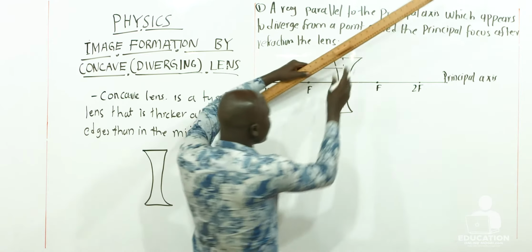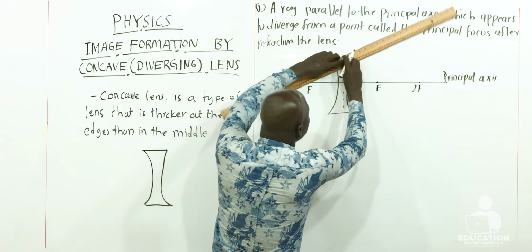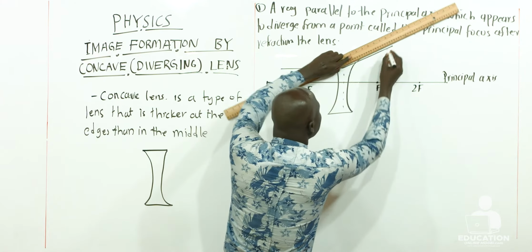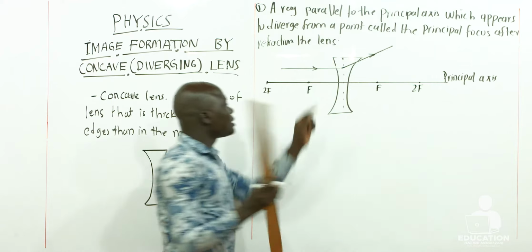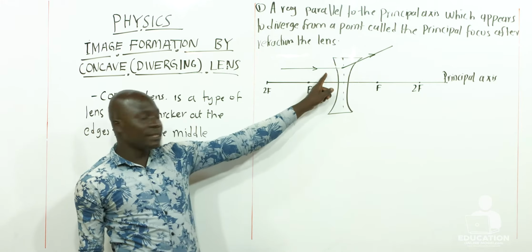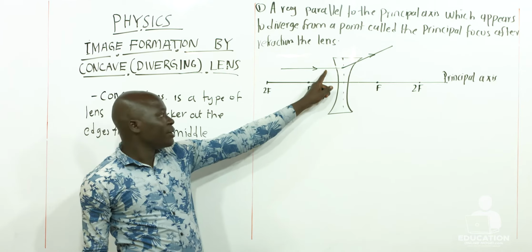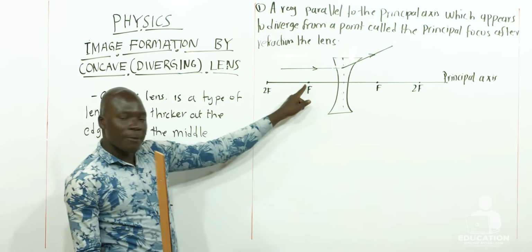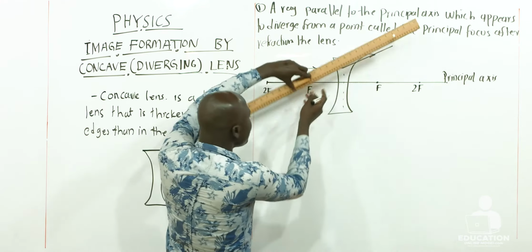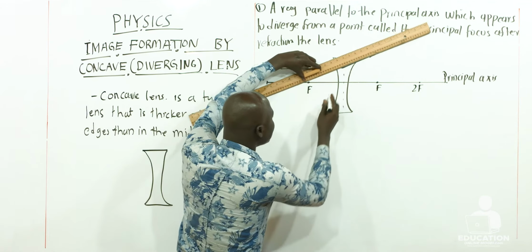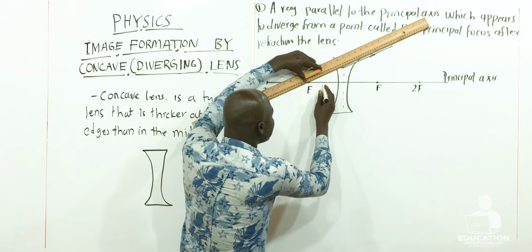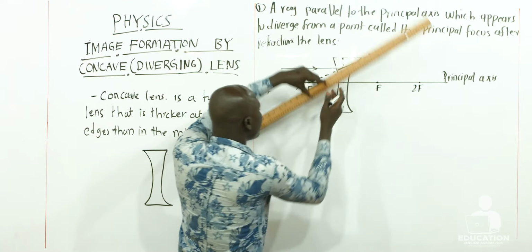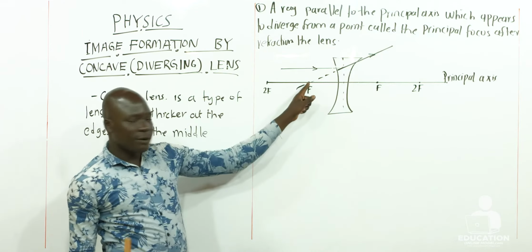So once it touches the lens, it is refracted, and it will appear to be coming from the principal focus of the lens.